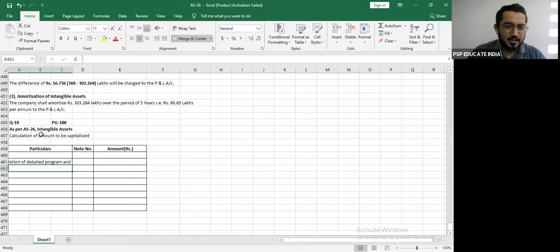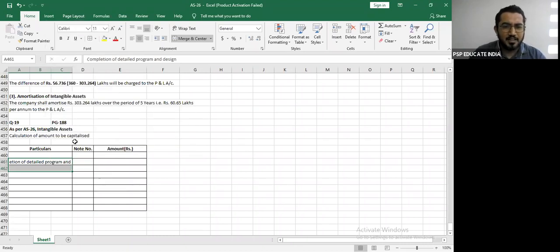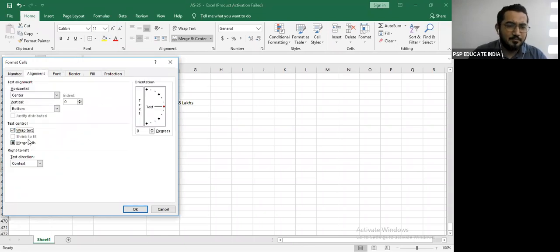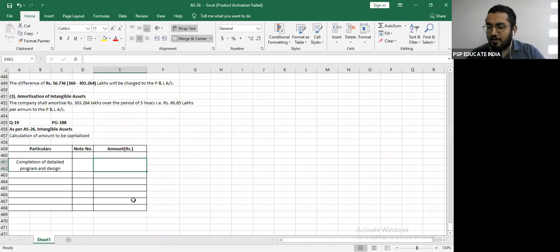Now please understand, when do you capitalize? When all the six conditions are satisfied, that is the time you feel that the recognition criteria has been satisfied, and that is the time when you actually capitalize. In this case, capitalization will take place only after your detailed program and design is ready and the same has been tested.